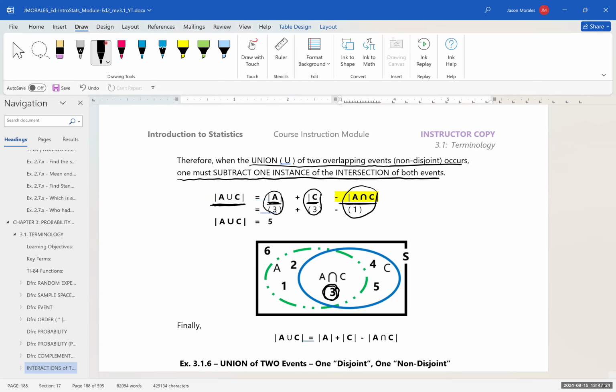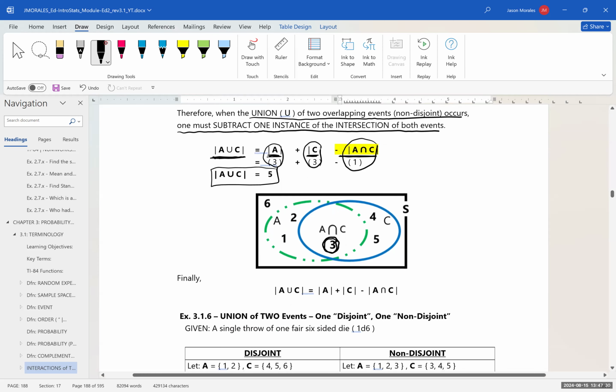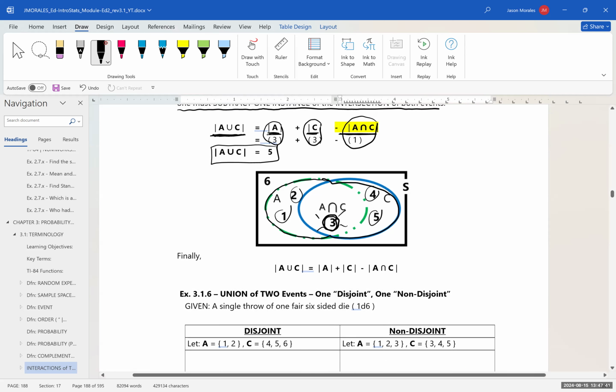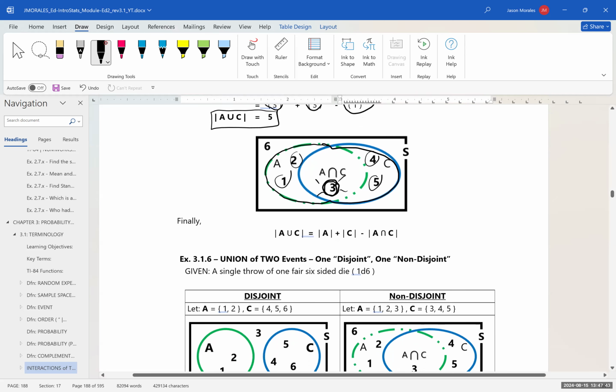And 3 plus 3 minus 1 gives you 5. That's the correct answer. There are 5 elements in the union of A and C: 1, 2, 3, 4, 5. So finally, the order of the union of two events is equal to the order of the first event plus the order of the second event minus the order of their intersection.